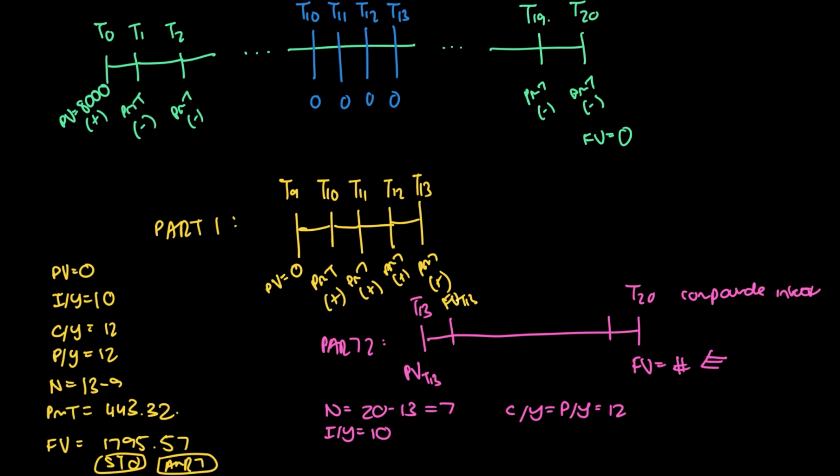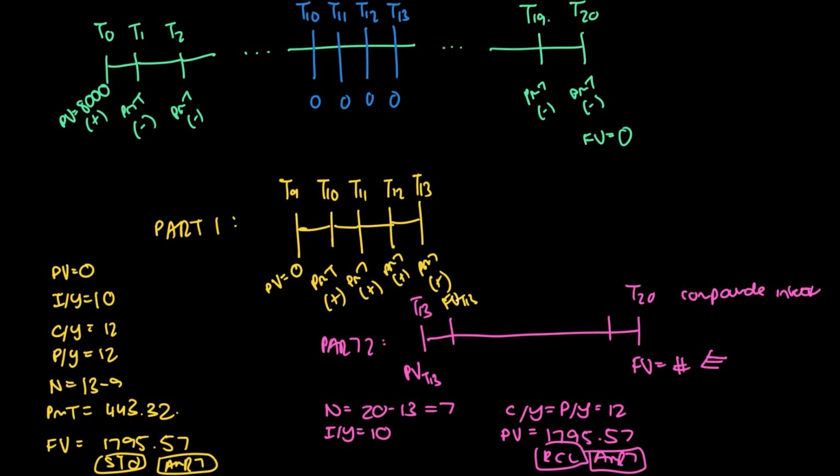What else are we missing? Oh yes, the present value, which is going to be the 1795.57. But once again, you're going to use your button to recall it. You're not just going to type it in. And you're going to make sure that the signage is correct. So in our case, we would want our present value to be positive because it's seen as money we have. And then later on, it goes down to negative because we are paying it off.